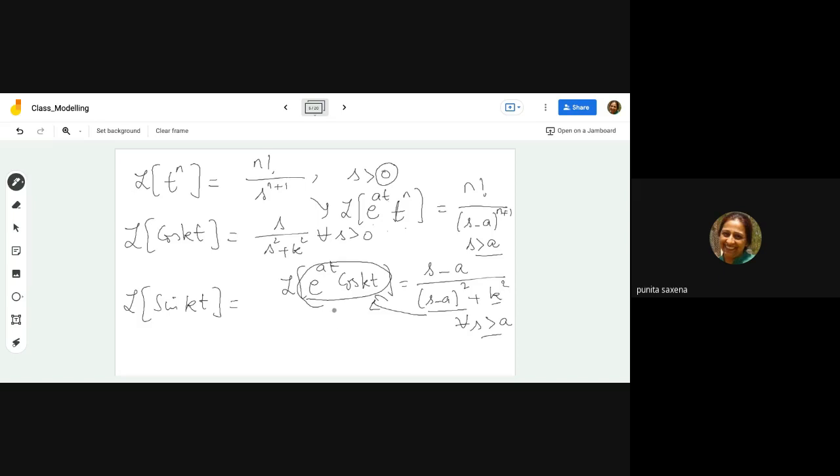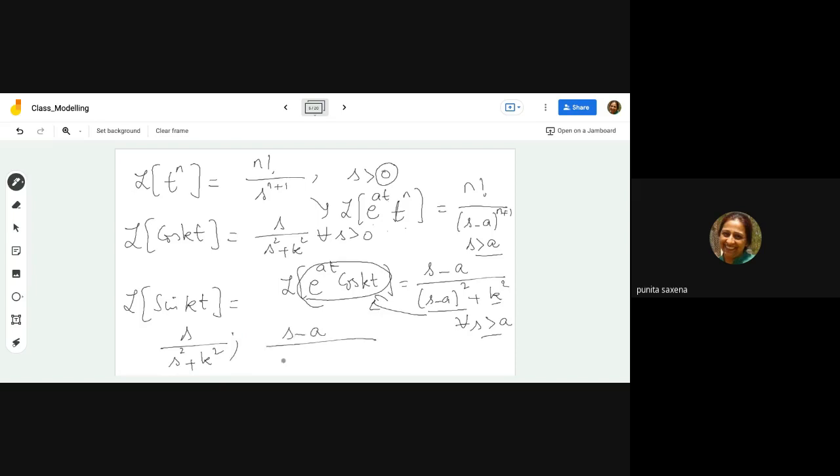So we just have to split it into partial fractions, solve them, and use this result also. We are not just decomposing them into terms like this.